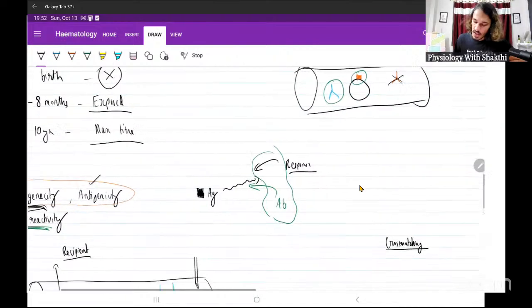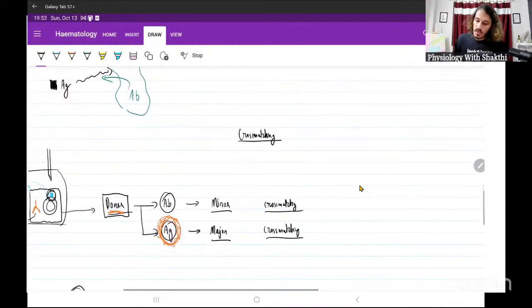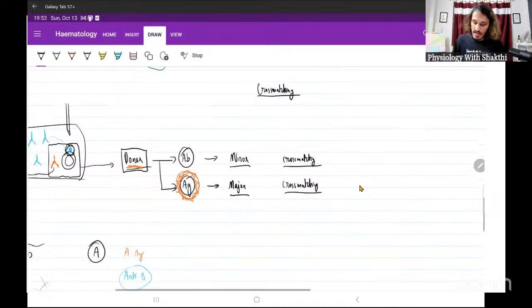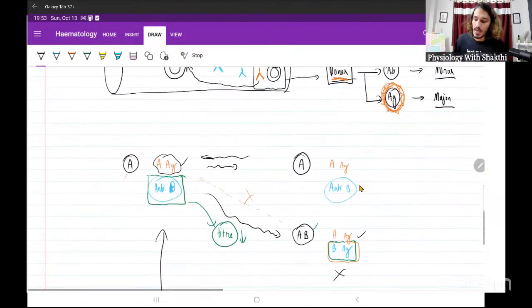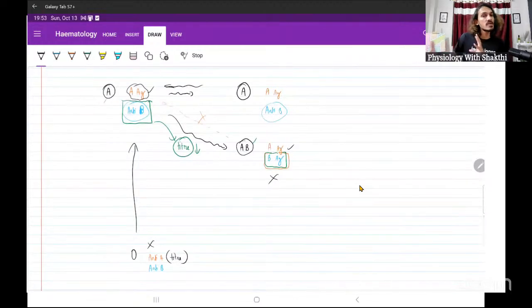Then we talked about the principle of immunogenicity, antigenicity, immunoreactivity. Then we talked about cross-matching. What is major cross-matching? What is minor cross-matching? Then how to answer questions like who can you give blood to, who can you take blood from, who's the donor, who's the recipient.